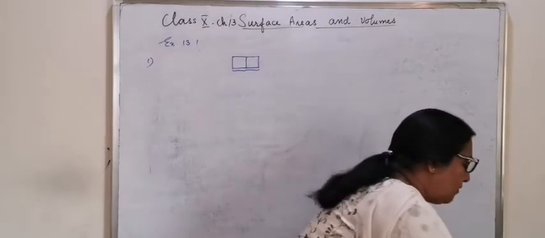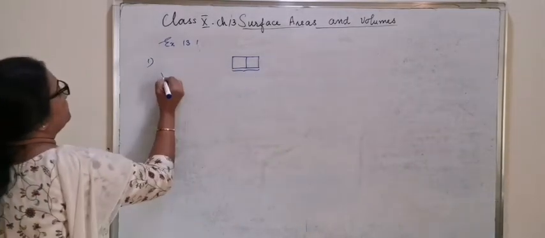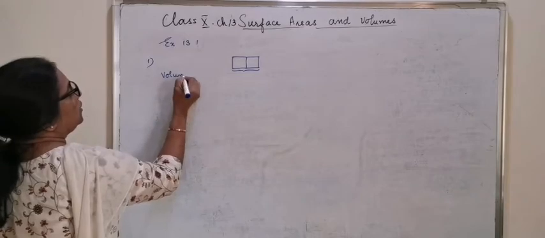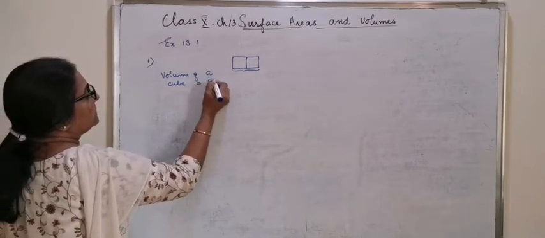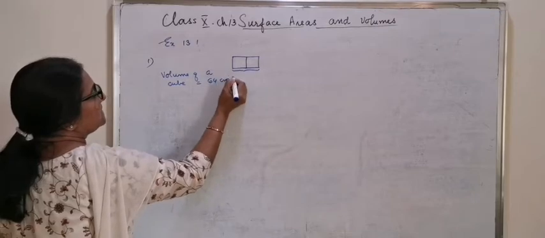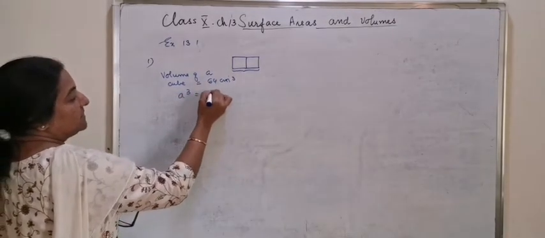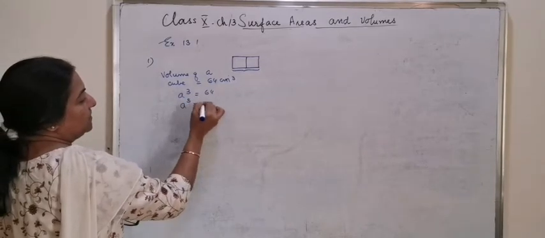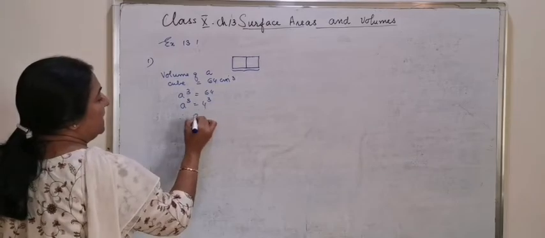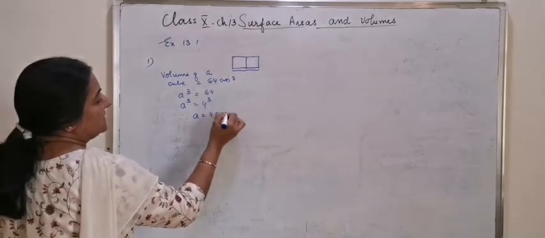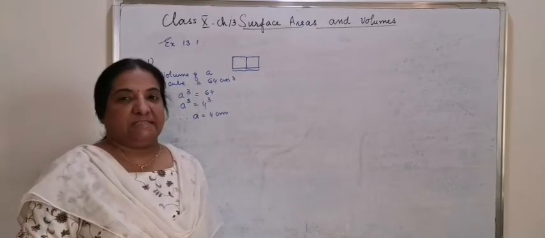So the volume of a cube is given as 64 centimeter cubed, that is a cubed is equal to 64, a cubed is equal to 4 cubed. Therefore, a is equal to 4 centimeter, that is the edge of the cube is 4 centimeter.